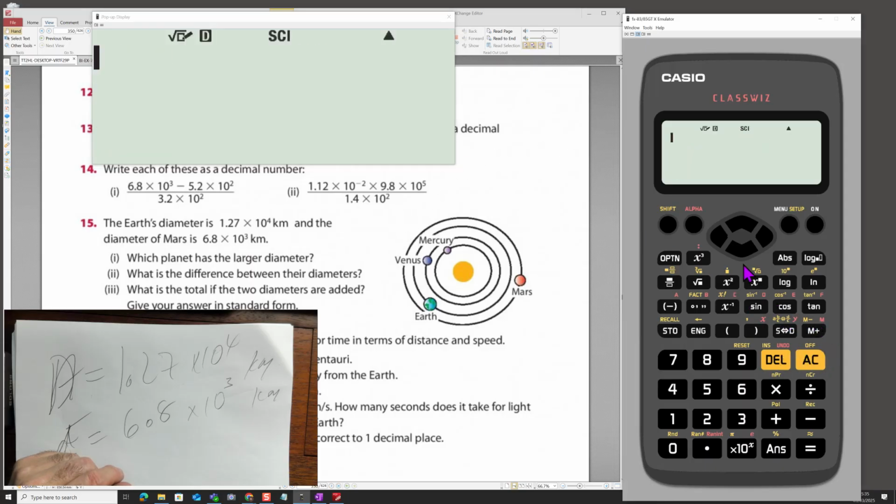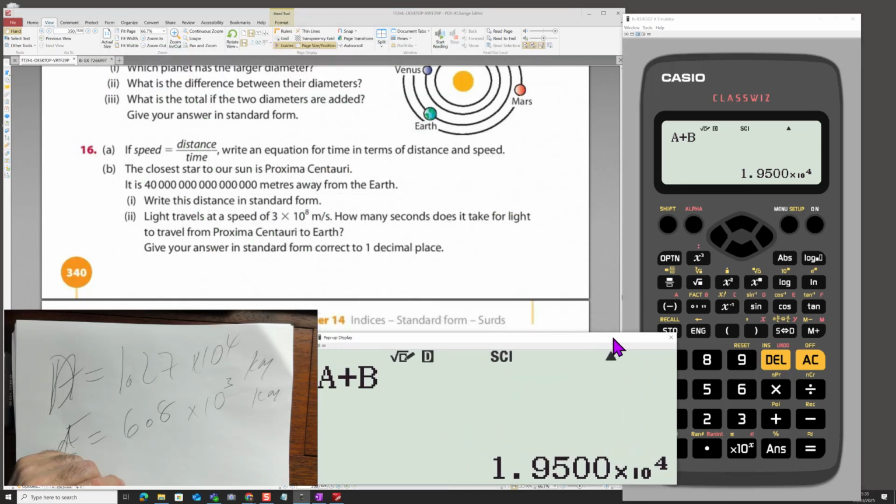We simply go A minus alpha B equals 5.9 by 10 to the 3, and now I can go back here, forward here, and turn that into a plus. Okay, give your answer in standard form, which I just did.